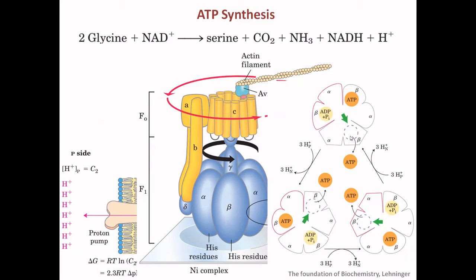So when the ATP is released from here, the ADP plus inorganic phosphate binds tightly to form the ATP, and at the same time an ADP plus an inorganic phosphate is recruited and loosely associated. Without this, there will not be any movement of the protein complex of the six subunits along the axis of the gamma protein.